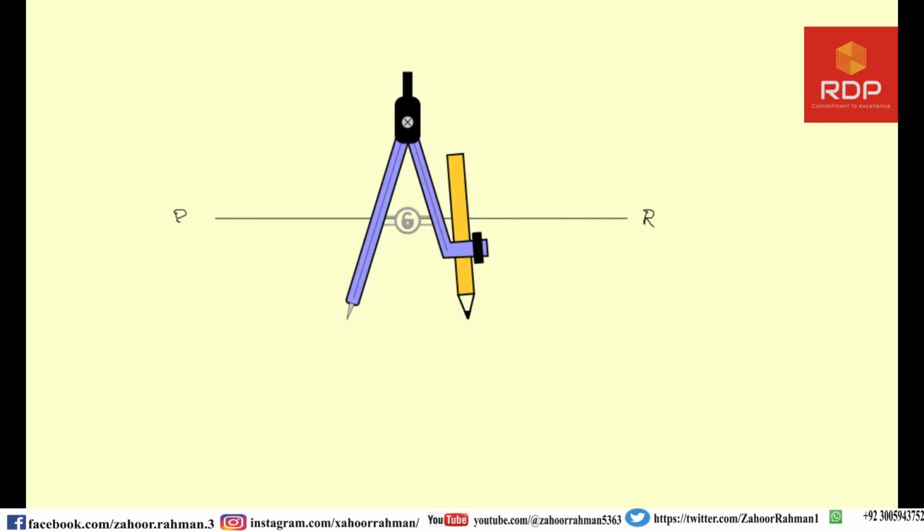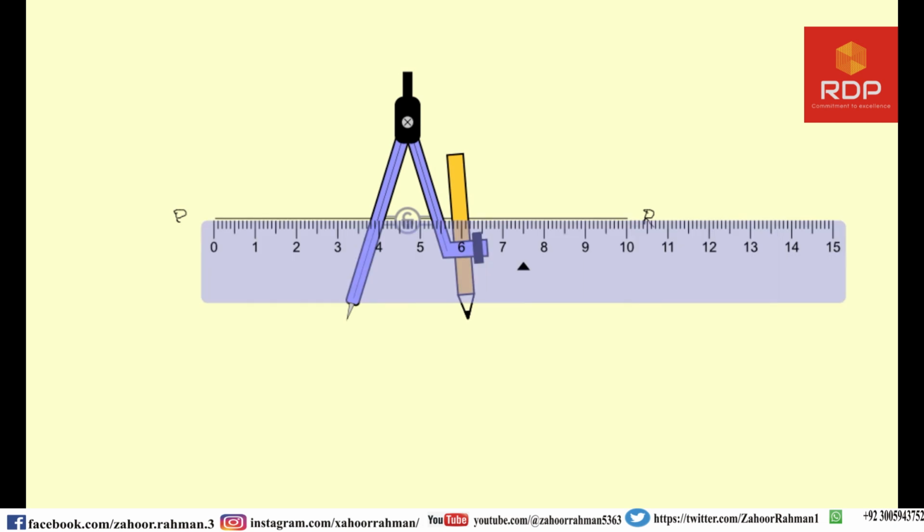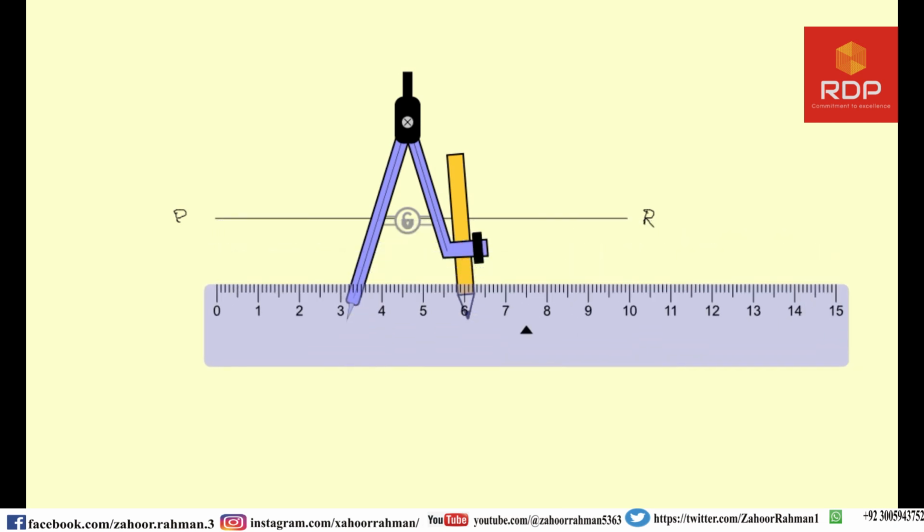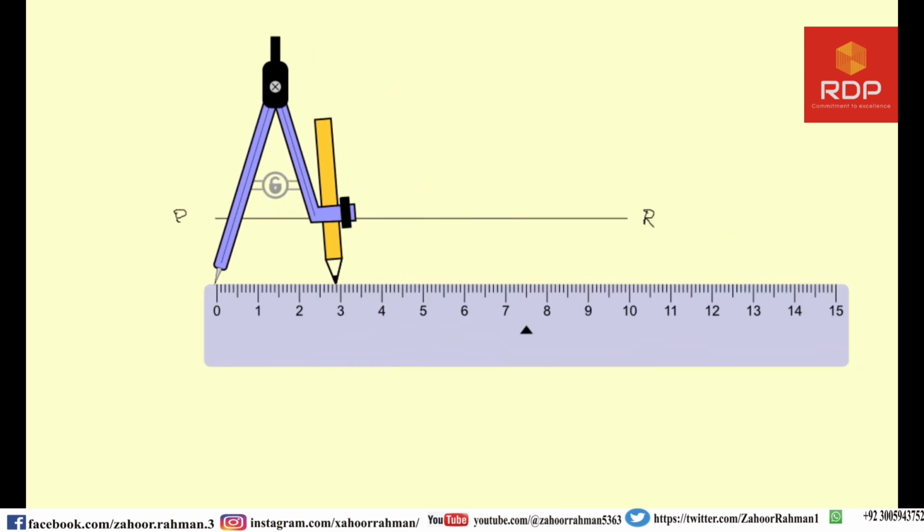So next job is that because we are creating the square, our next job is to construct a perpendicular bisector of PR, and on each side it will be 5. So let me do it in a very simple way, not to create complication.